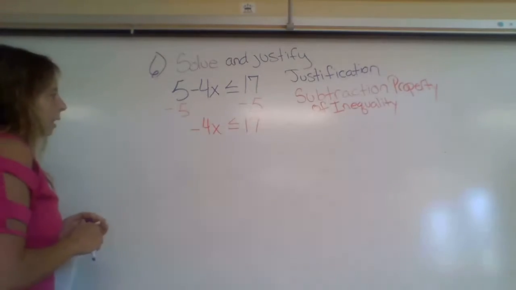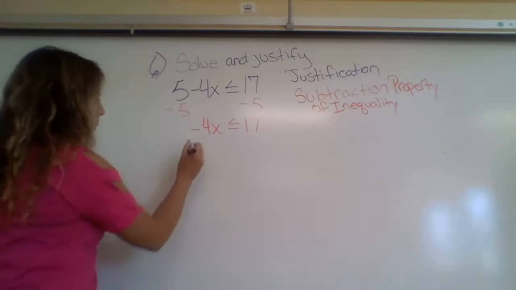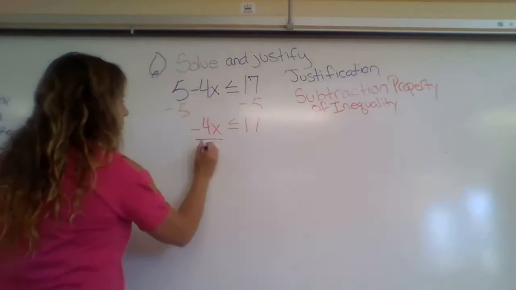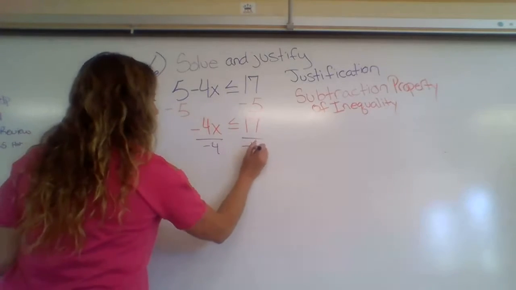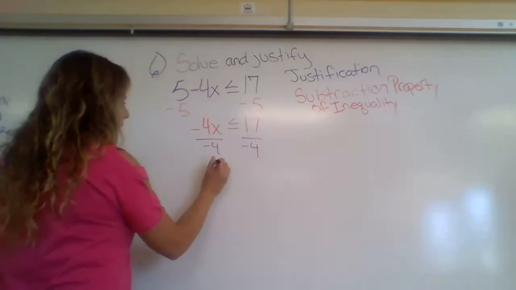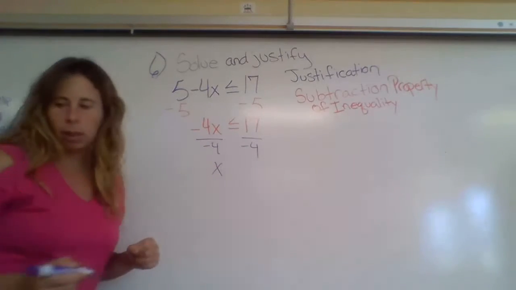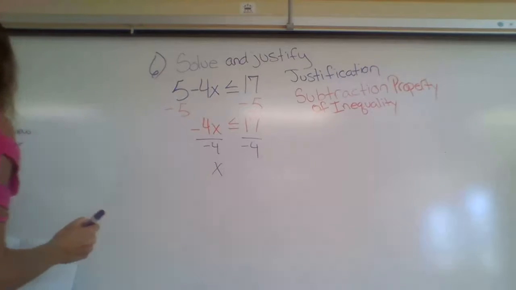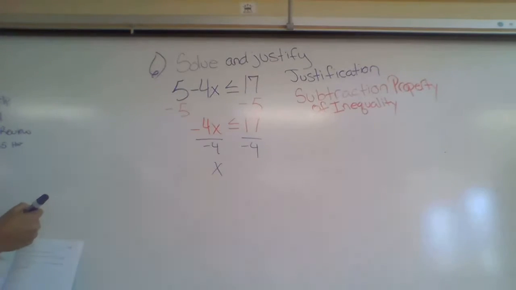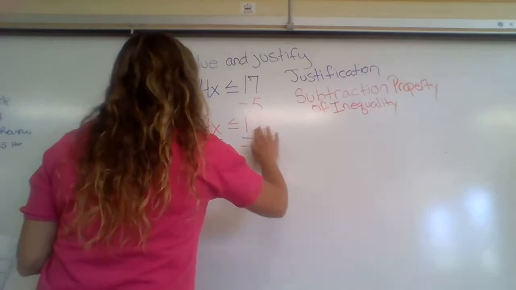Okay, next. Negative 4x is less than or equal to 17. I'm going to divide by negative 4. Then this is just x. And over here, I would just leave it as negative 17 over 4. Oh, shoot. I made a mistake.